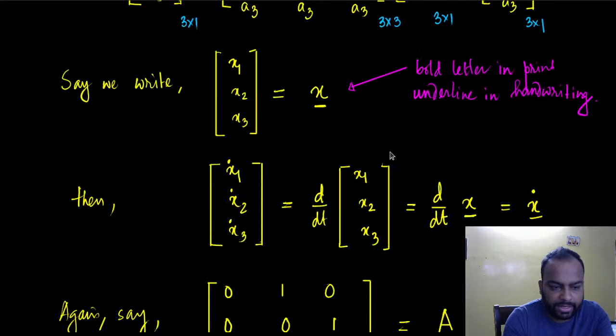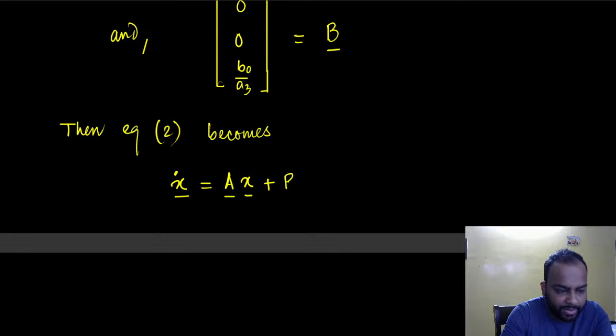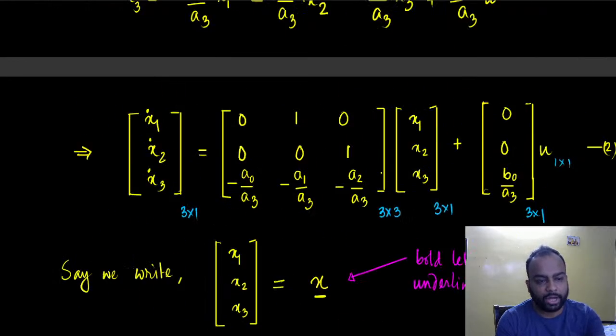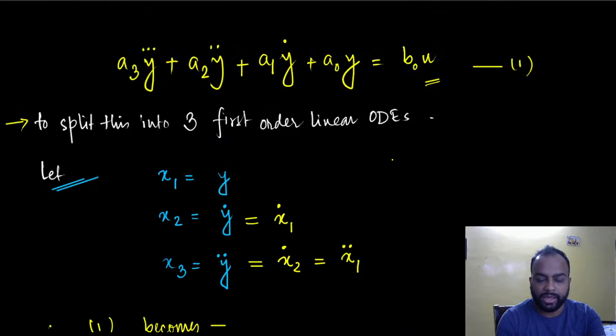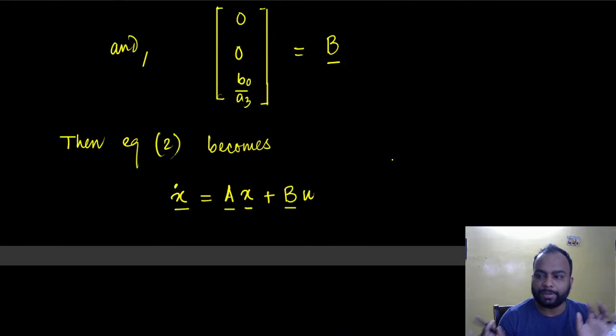That's B, and then u. So equation 2 becomes the derivative of this vector equal to A matrix times that vector plus B matrix times the input. Here the input u is a scalar quantity because I had only a single input in the system. If I have multiple inputs, u would be a vector quantity.